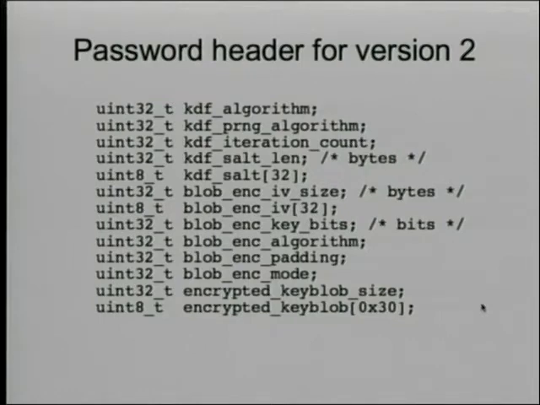They could have different algorithms for the symmetric encryption of the blocks. They could have different modes. They could have different paddings. But they don't actually use that. They just have one encoding, and that statically is AES-128. That's kind of interesting, I think.